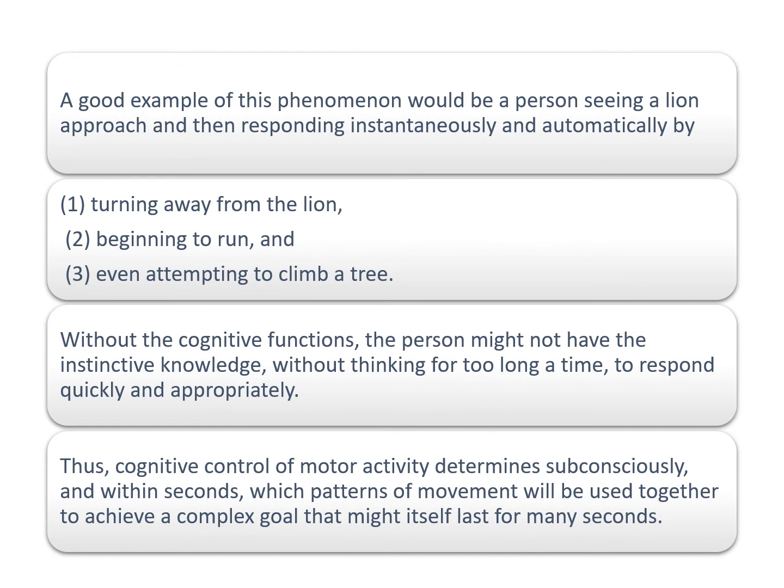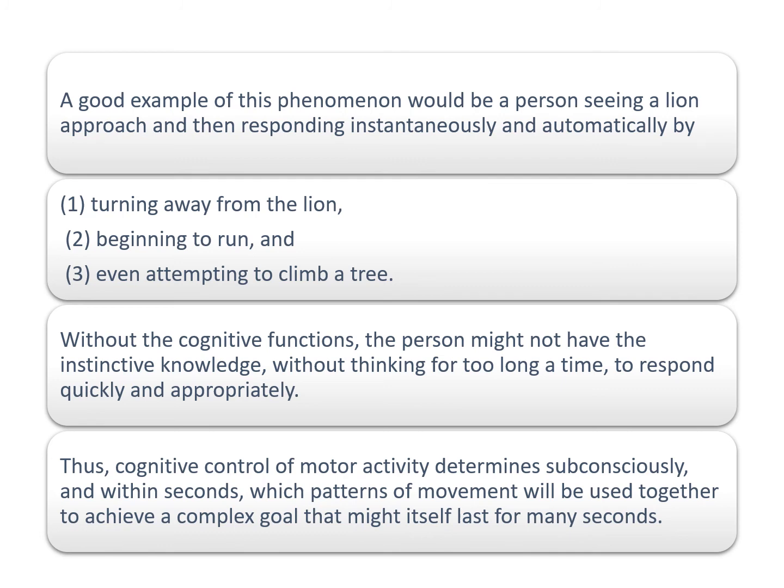A good example of this phenomenon would be a person seeing a lion and then responding instantaneously and automatically by turning away from the lion, beginning to run and even attempting to climb a tree.